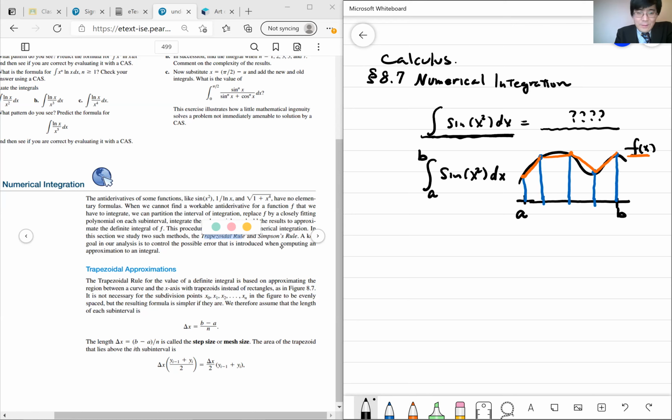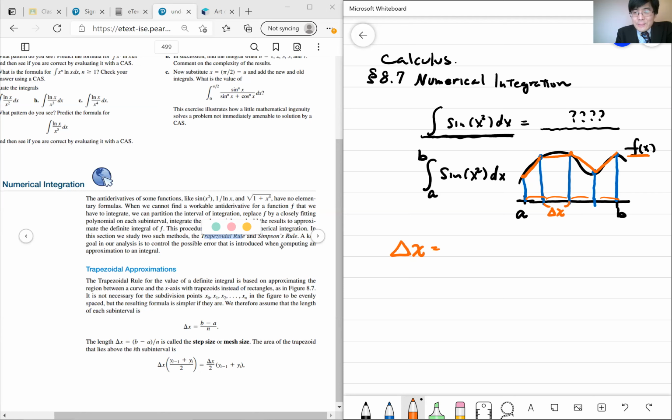Okay. So let's derive the formula for the trapezoidal rule. First of all, let's say this is a and b. We are going to divide it into n congruent segments, and let's say the width of each interval is delta x.